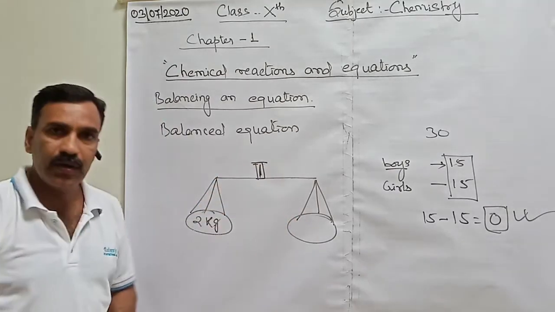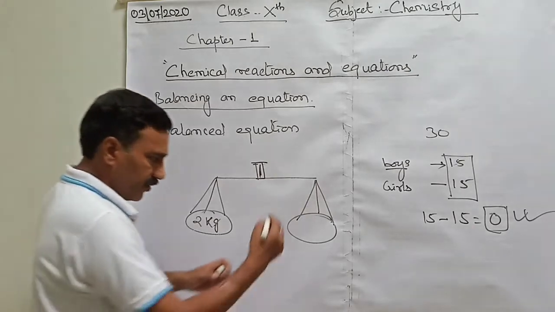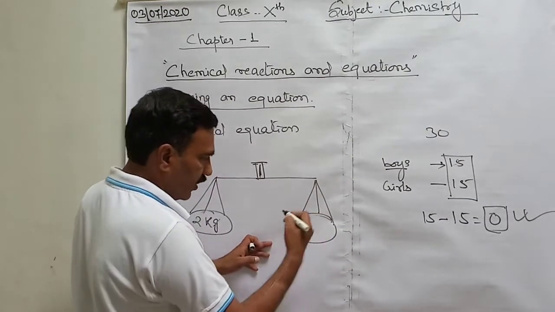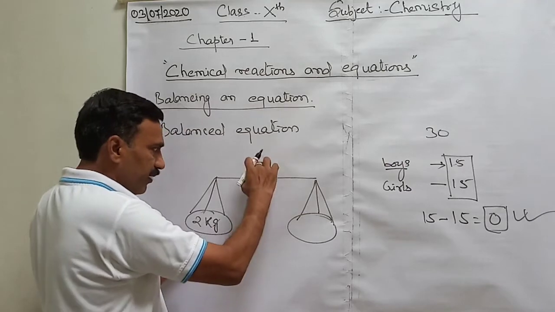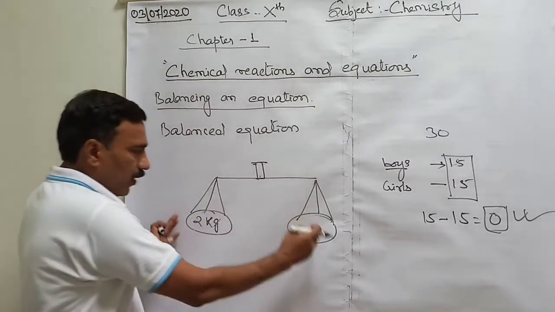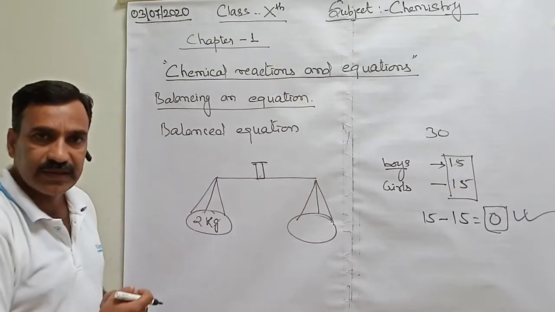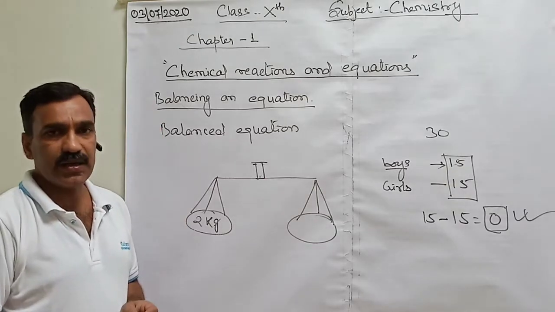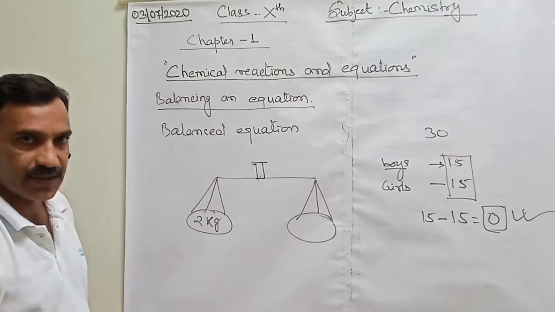You put some more amount of substances, or suppose you are purchasing potato or vegetable or anything, and when it becomes straight, that means the difference between the two sides becomes 0. Then you can say the amount is balanced.